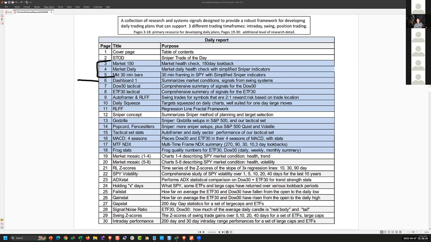Dashboard 1 is summarizing the market conditions. That's really almost the same as page 1 of the weekly, because I use those indicators every day, starting at the top with the market. Then I do summaries on dashboards 2 and 3. I say the Dow 30, but it's really a modified Dow.